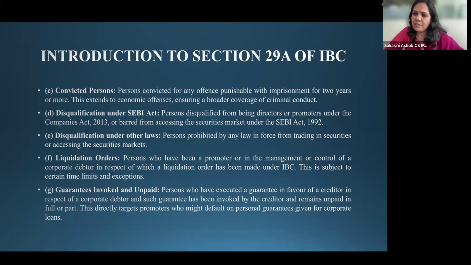But we have to consider, as on the date of submission of the plan, whether the order is in place. Even if it is challenged, there should be an order in the appropriate forum, like the appellate authority, or wherever the promoter is challenging, there should be a specific order. If there is no order, the RP has to see whether the disqualification continues.